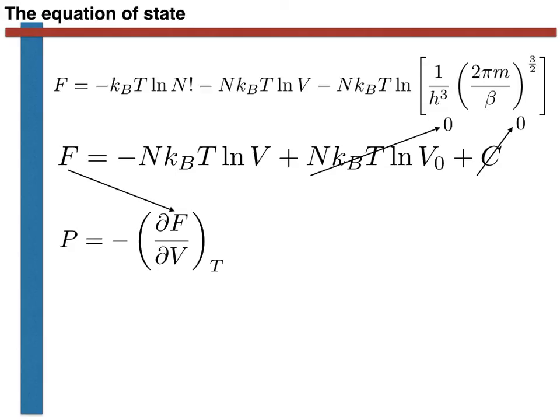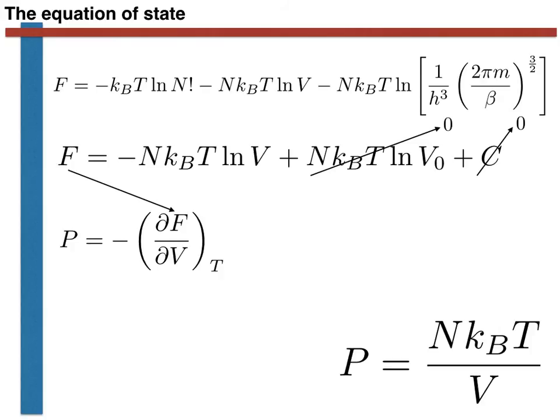The derivative of the logarithm of v with respect to v is just 1 over v. So we are thus left with P is equal to n kB T over v. In other words, what we have is the equation of state for an ideal gas, PV equals n kB T, an equation that we encountered in the context of classical thermodynamics.